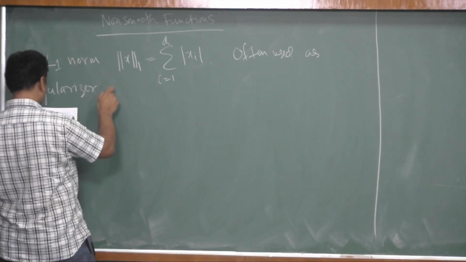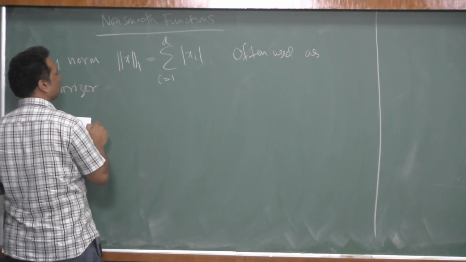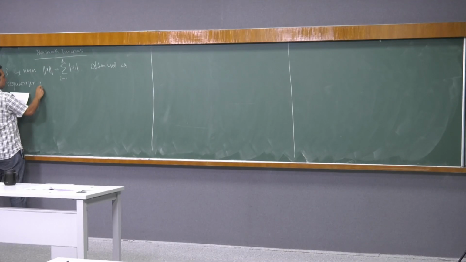And since it's one norm, it's usually used to impose sparsity constraints. Okay, so let's say that promotes sparsity.